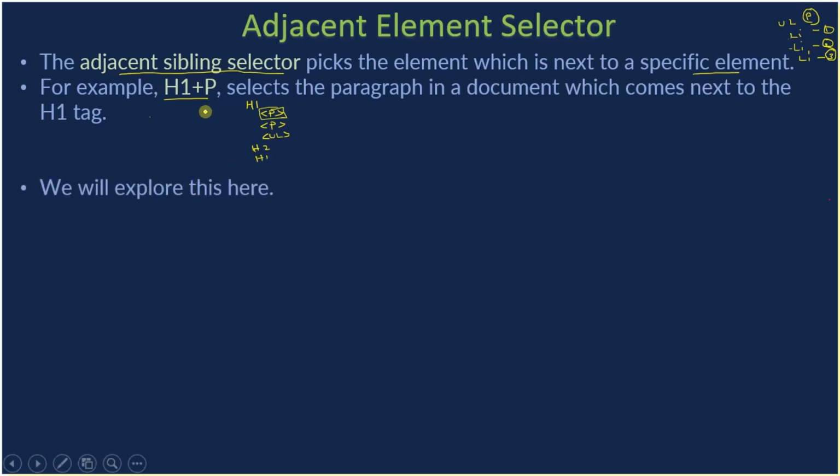Now we will explore the adjacent sibling selector here. If you want to select the first list element for UL, specify UL plus list item. This plus here denotes the adjacent element selector, the adjacent sibling selector.